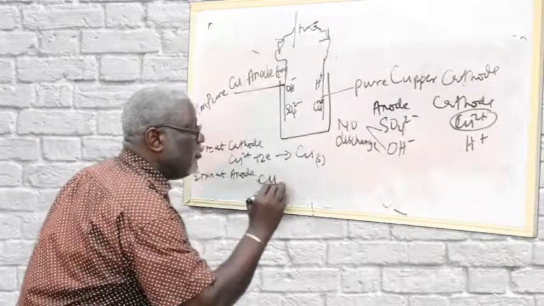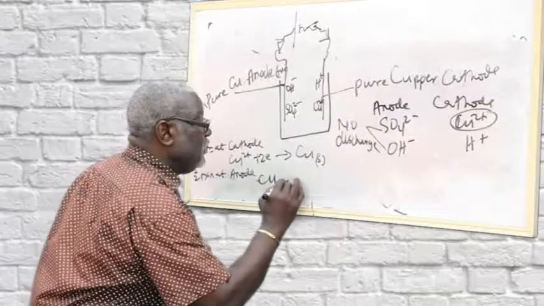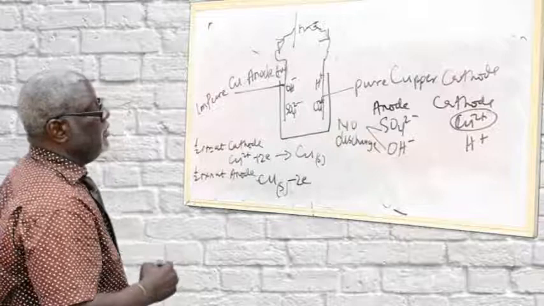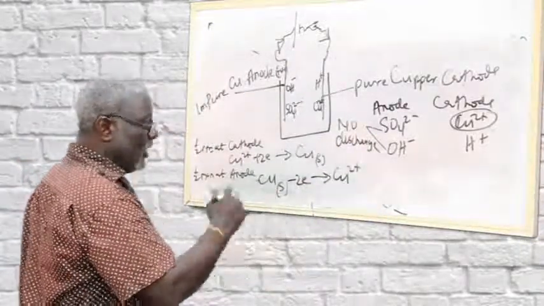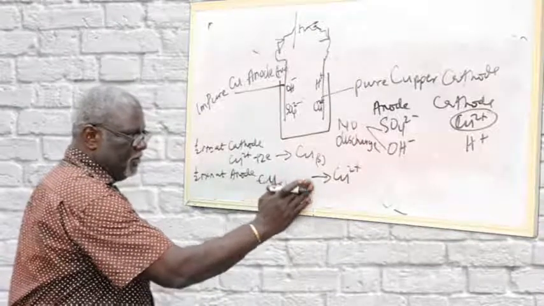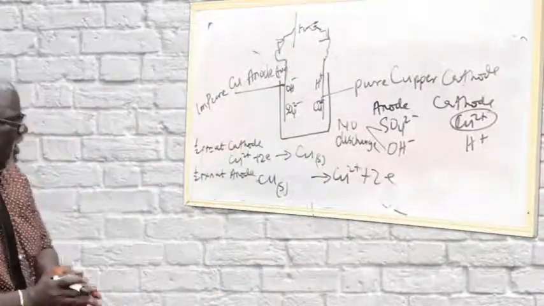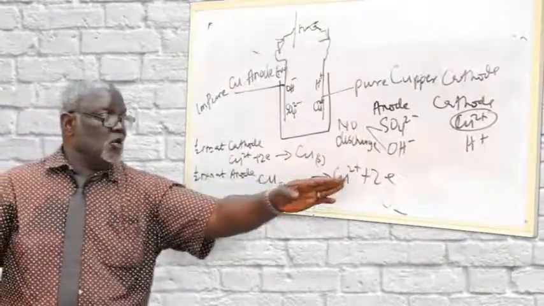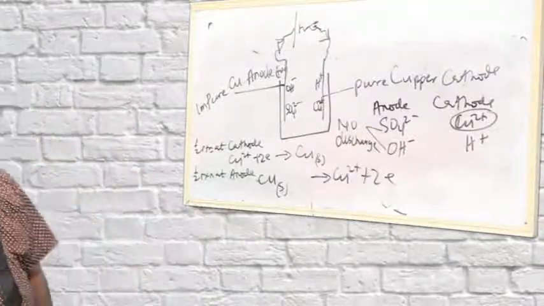So the half reaction will be copper solid, the impure copper anode, losing electrons to give us Cu2+. But I said we don't write minus; in modern chemistry, you write it the other way. So this is the half reaction at the anode: the copper anode dissolving in solution as Cu2+ by losing 2 electrons.